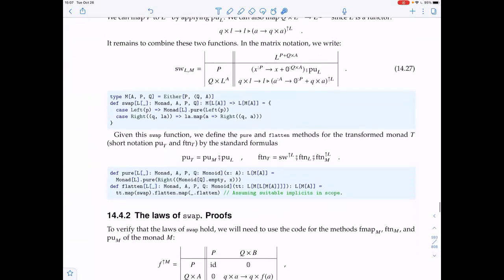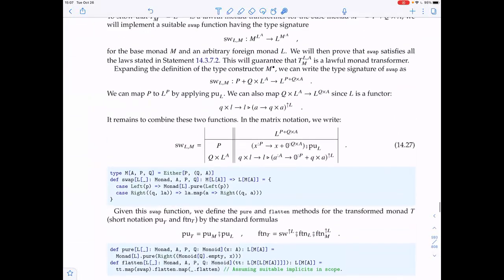And that is some derivation where I want to point out I'm using extensively my code notation that I developed for this book, where, for example, this is a matrix that represents a pattern matching function, which is written like this in Scala. If you compare this function with the Scala code, you see that the Scala code has a lot of names in pattern matching like this, left and right.